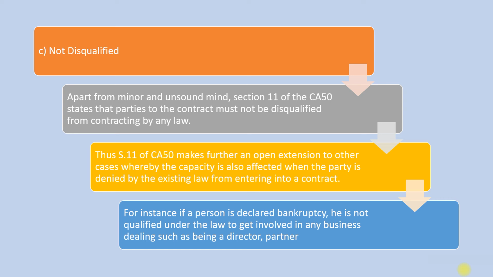Section 11 also explains that capacity is affected when the party is denied by existing law from entering into a contract. For instance, if a person is declared bankrupt, which is very normal, under the Insolvency Act a person who is declared a bankrupt cannot do what a normal person can do.